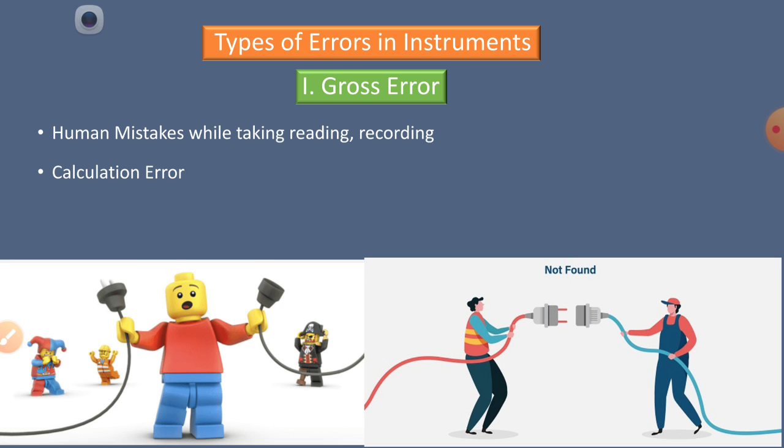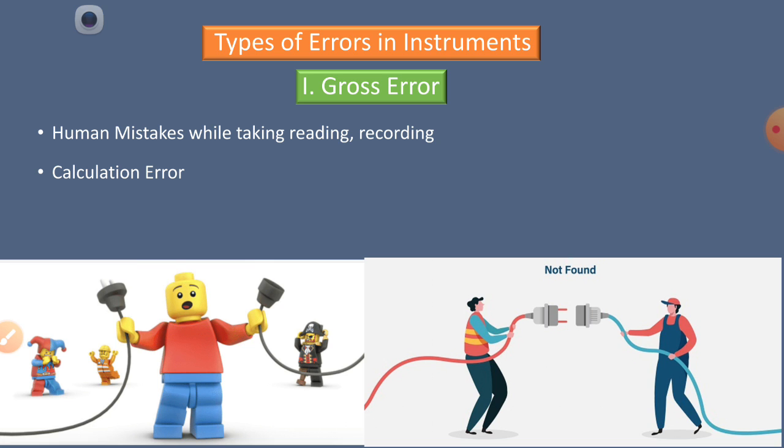Now, calculation errors are what humans make while taking readings and recording the value from an instrument onto paper. Instruments may sometimes show a wrong reading.